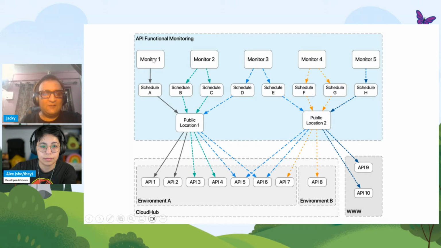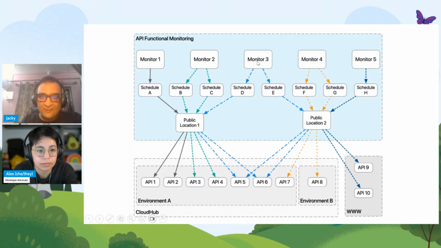With monitor one, I have one scheduler under public location one, and in this public location I will be monitoring API one, API two, API three, API four, and API five. Likewise we have monitor two, under which I have two schedulers, schedule B and schedule C. Under monitor three, I have two schedulers, schedule D and schedule E. Schedule B and schedule C are monitoring the API via public location one.